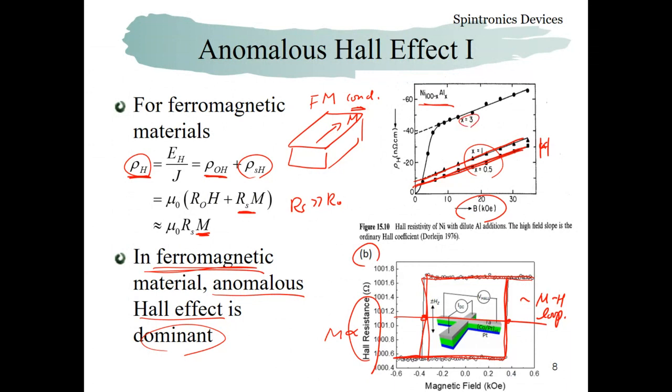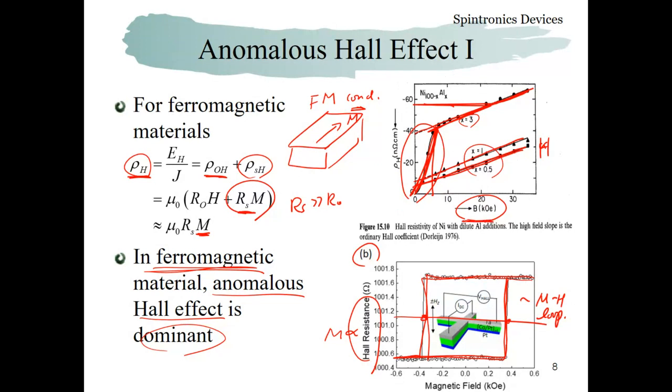But in this case, they are magnetic, so there are two contributions. One is linear to the field, and this part is because of the anomalous Hall effect. Generally, this contribution is much larger.